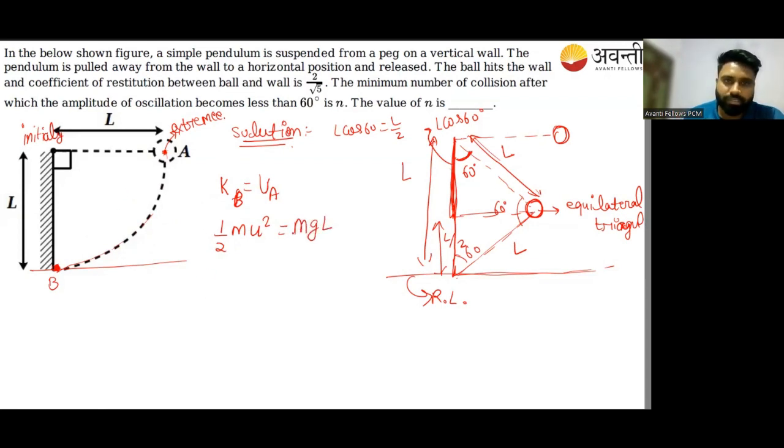So from here you can say this m and m got cancelled out. So u square is equal to 2gL. So u here is equal to the square root of 2gL.